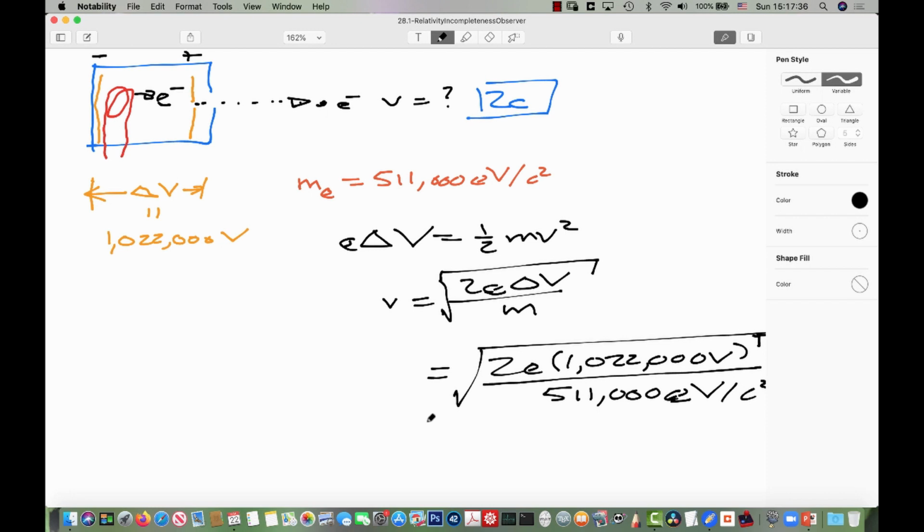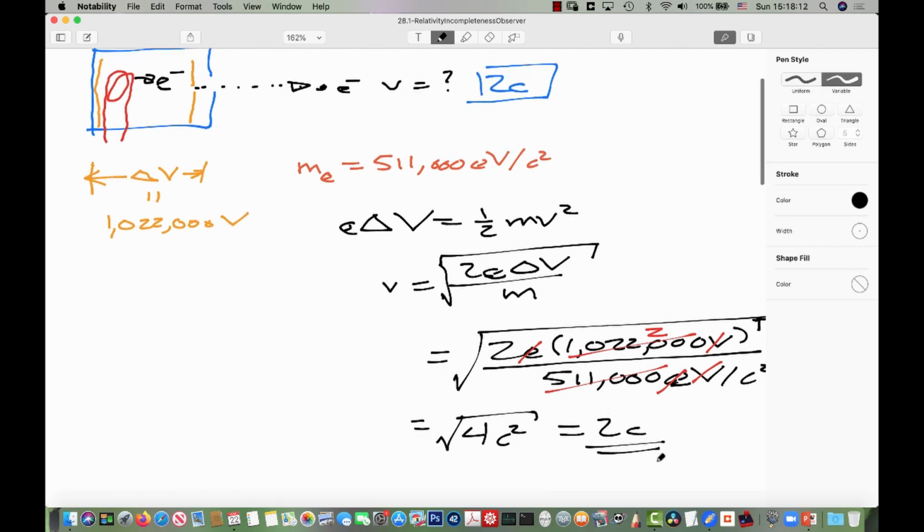This e and that e cancel. The volts cancel. 1,022,000 divided by 511,000 is 2. 1 over 1 over c squared is just c squared. So we're left with this being the square root of 4c squared, which is 2c.